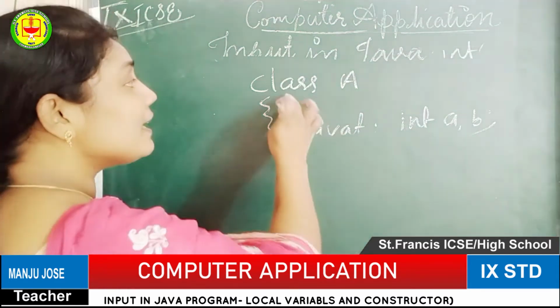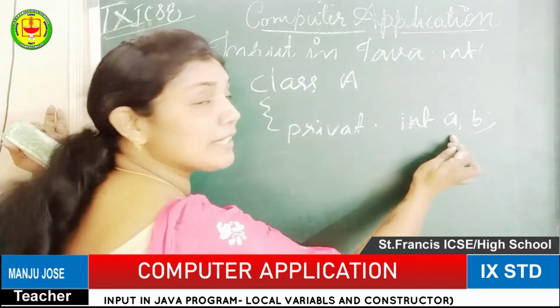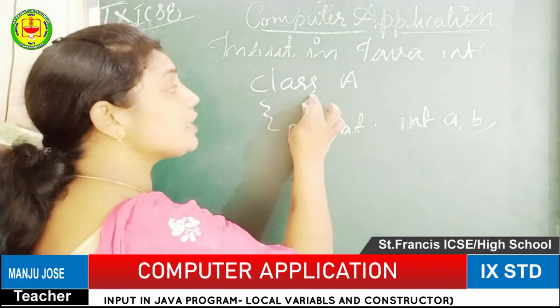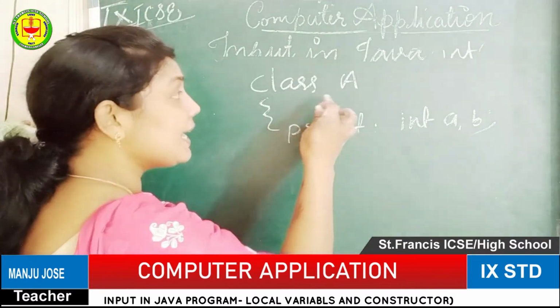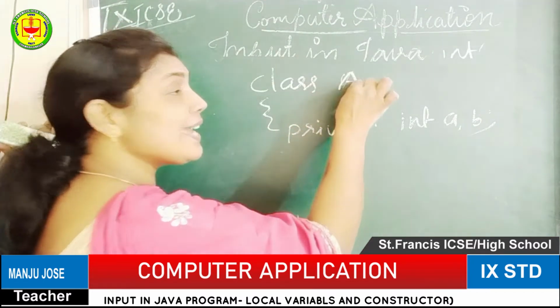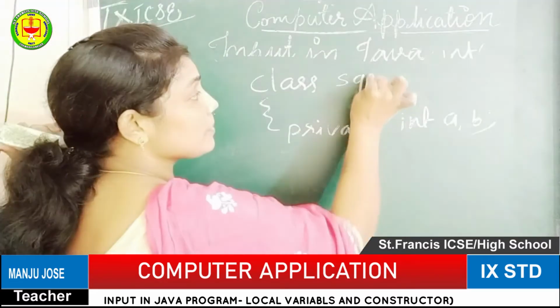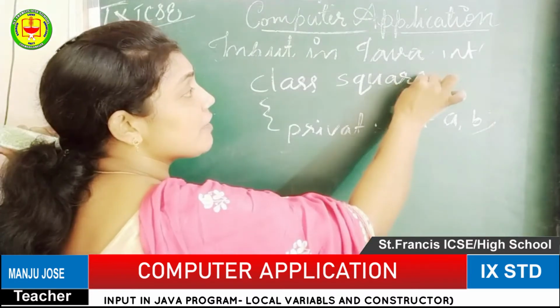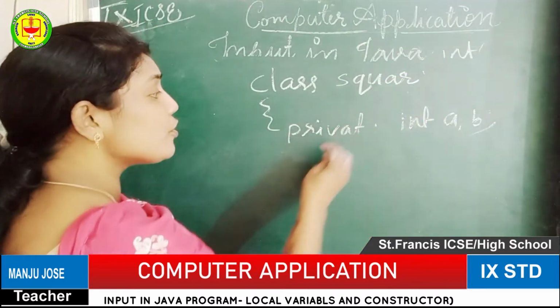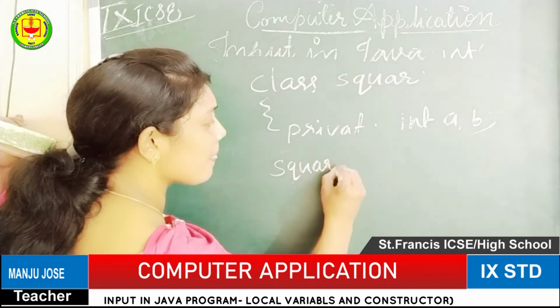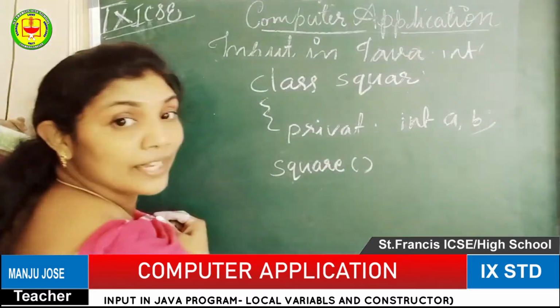After giving the variables, you have to declare the class, but here we should not give the class keyword directly. This A is the name of the class, or we can give another name, square. Our class name will be square, so the constructor we are creating is the square function.